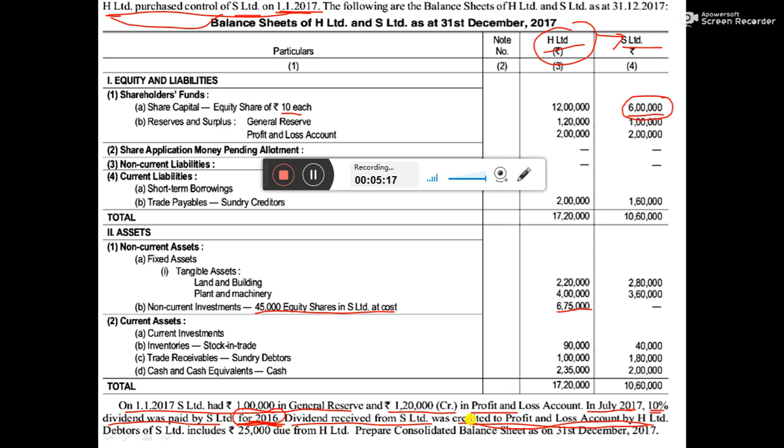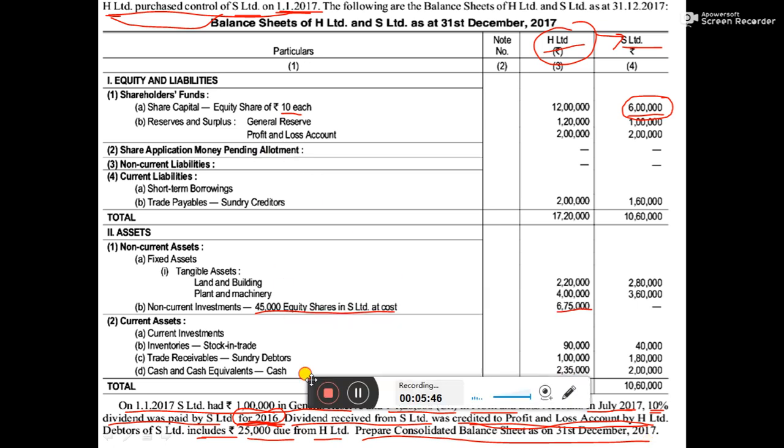You will understand this now once we start solving with the solution. The additional information also says that debtors of S Limited include 25,000 due from H Limited. So this is an intercompany transaction that will get nullified. From this information, prepare the consolidated balance sheet as on 31st December 2017.